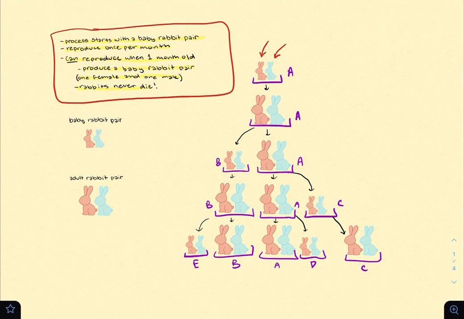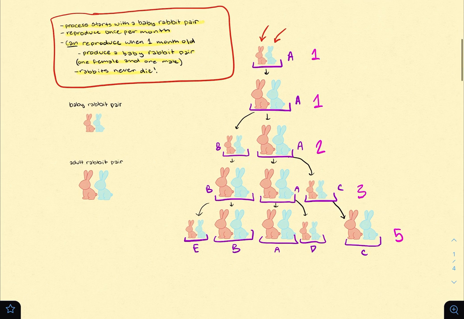So let's count up the number of rabbit pairs. Here we have 1, 2, 3, and 5. Now all of these numbers, 1, 2, 3, and 5, they're all part of the Fibonacci sequence.